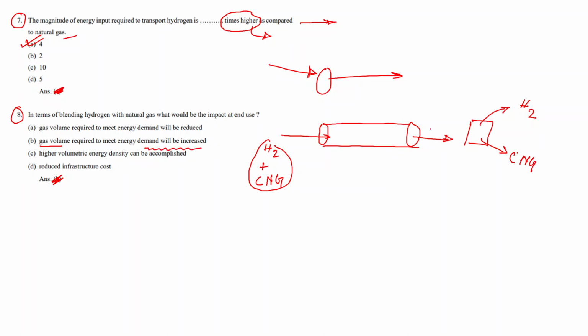Means for the end user, if they take a mixture of hydrogen and CNG, they have to buy a higher gas volume to meet that particular energy, as hydrogen gas is lighter, its density is lighter. Okay, so our answer will be B.